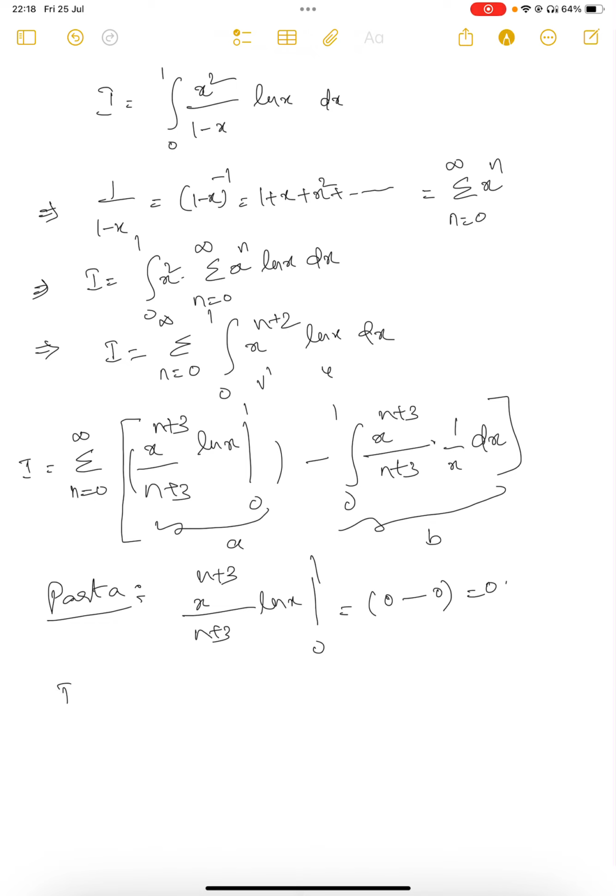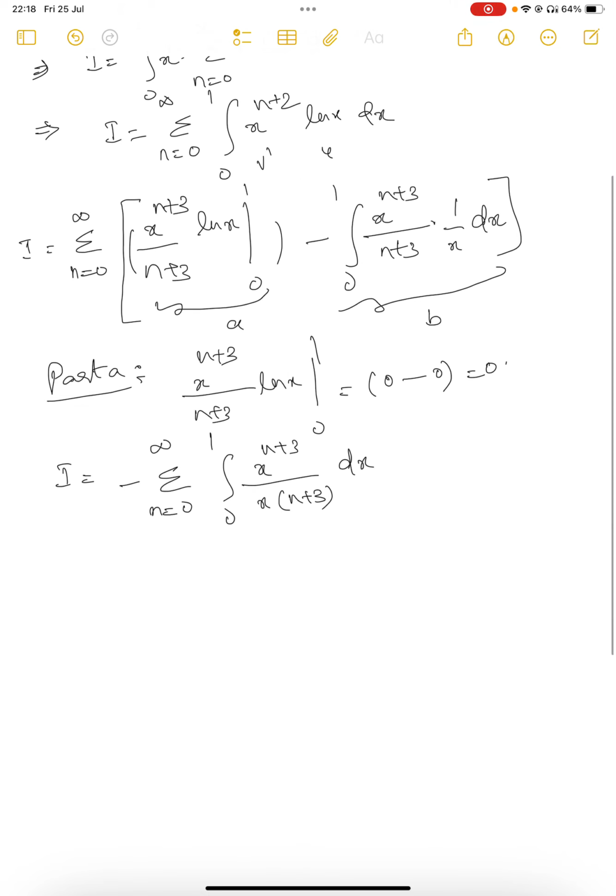That means I equal to summation n equal to 0 to infinity minus integral 0 to 1 x power n plus 3 by x into n plus 3 dx, right?